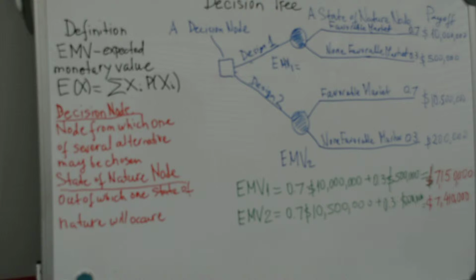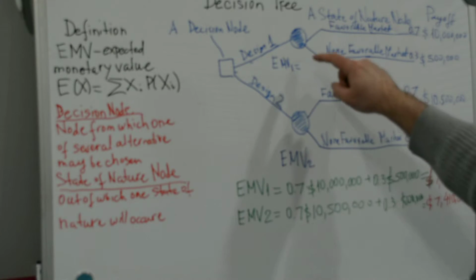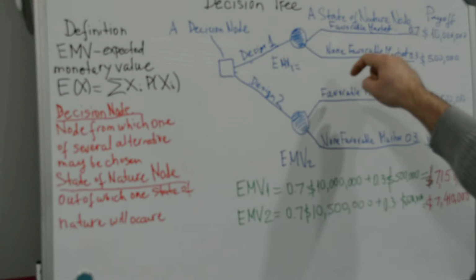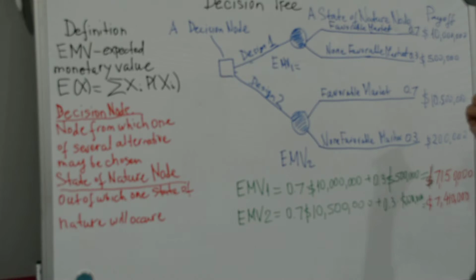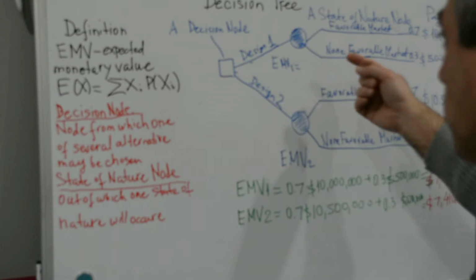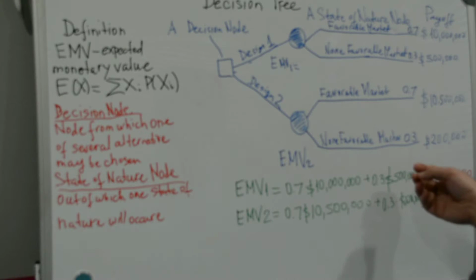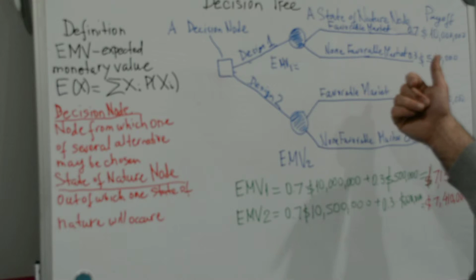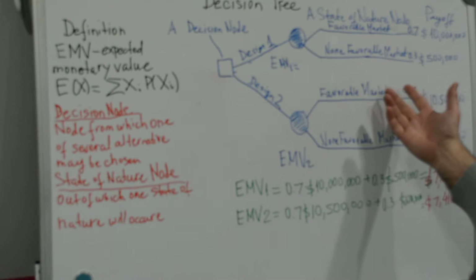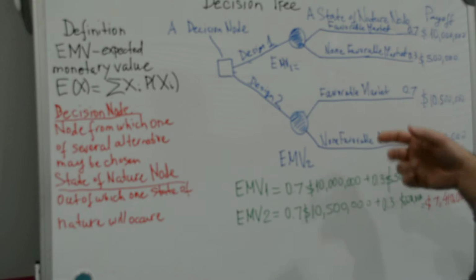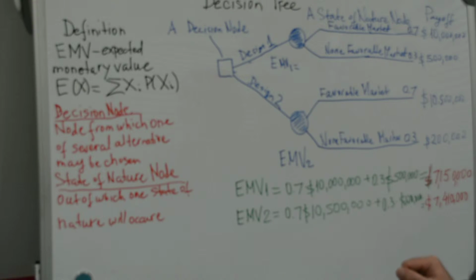Then there's another type of nodes which are called state of nature node, and basically out of which one state of nature will occur. In this situation we consider whether market for that particular medical device will be favorable or not, and indeed it can be either favorable or non-favorable. It can't be both. So that's why we say mutually exclusive state of nature.